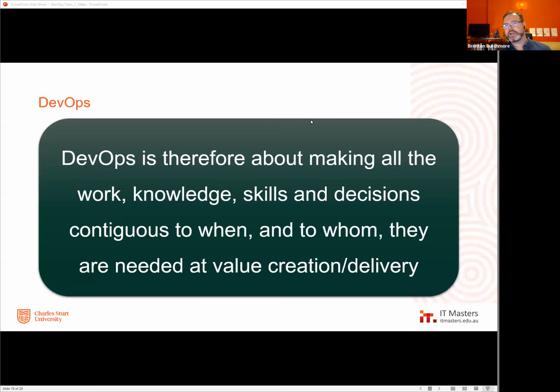Whether they are creating value in the original development of a new feature, or in solving an ongoing technical problem that maximizes uptime or prevents a problem, or dealing with an incident. No matter what end of it we're looking at, DevOps is about that person who owns that having whatever they need one step away.